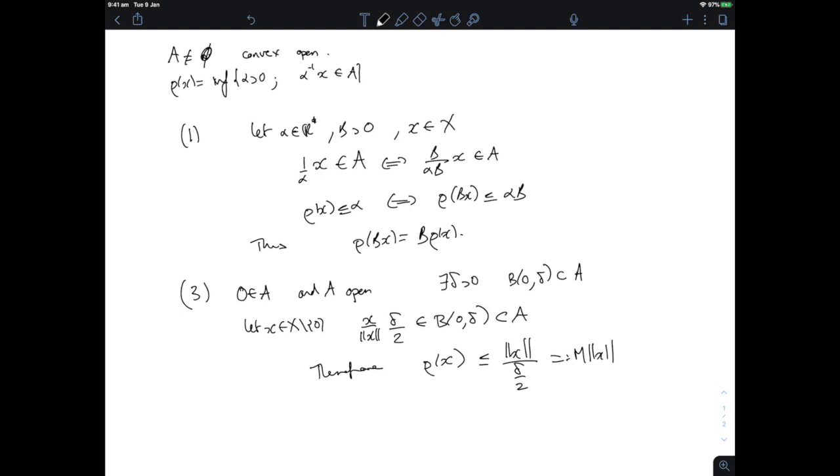Okay. Now, by the way, geometrically speaking, that tells you that you can always include a Euclidean ball inside A, which makes sense because that's what open really gives you.